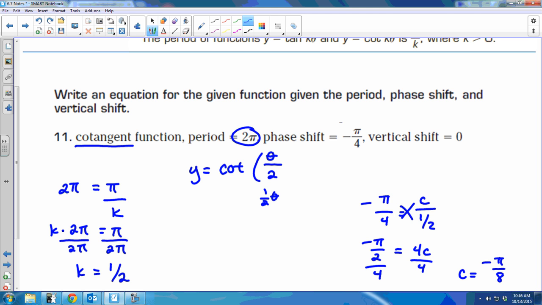There's still a negative in the original equation, so we'd have negative pi over 8, so plus pi over 8. And since the vertical shift is 0, we don't have to add anything else. So really the only thing that's changed is the period part. Everything else is pretty similar. And when you're graphing, the shape obviously has changed, but there's still a pattern to it. Question.